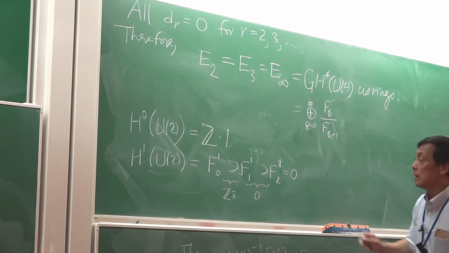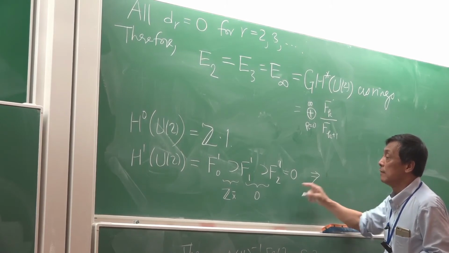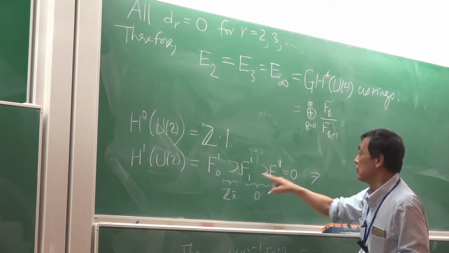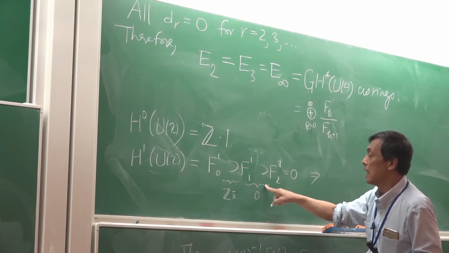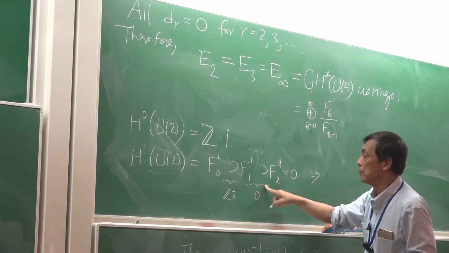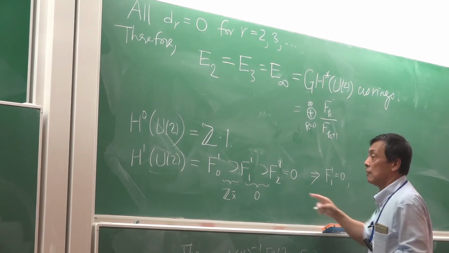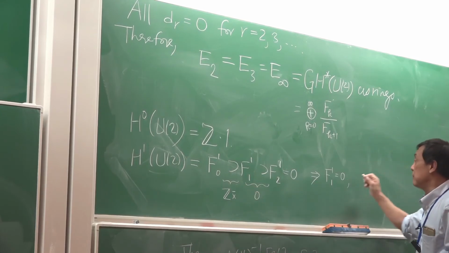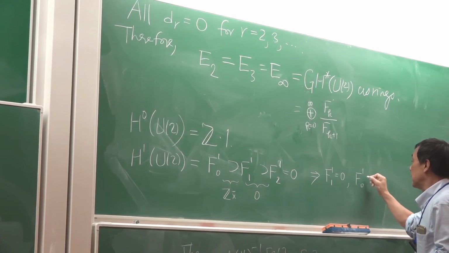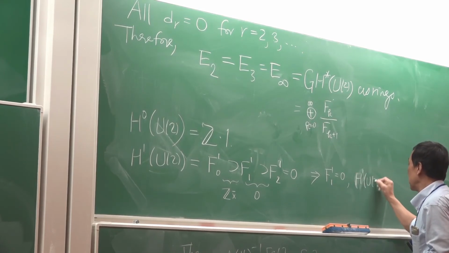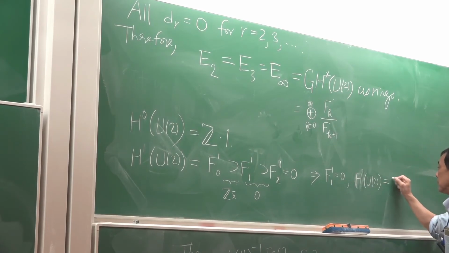Now that means that F11 is 0, and then F01, which is the cohomology in degree 1, is Z x bar.